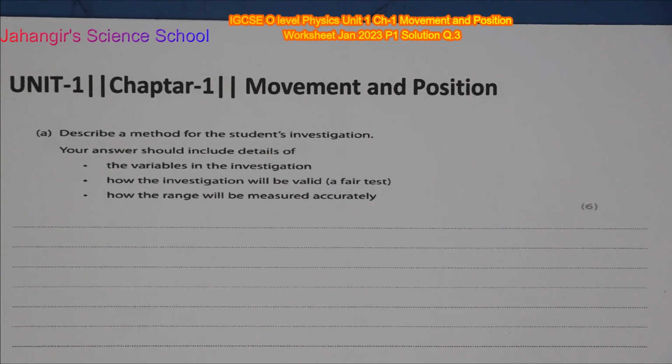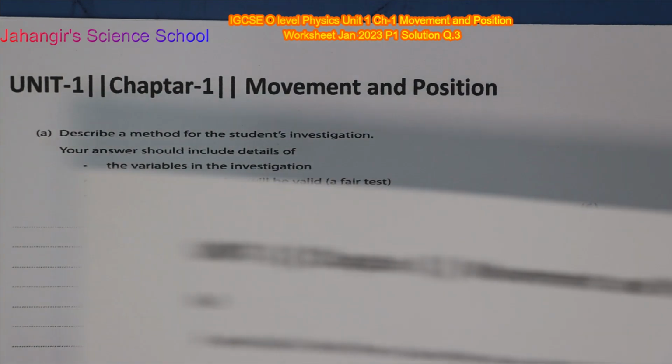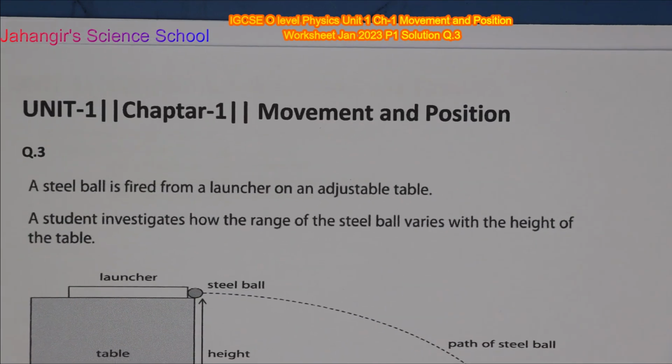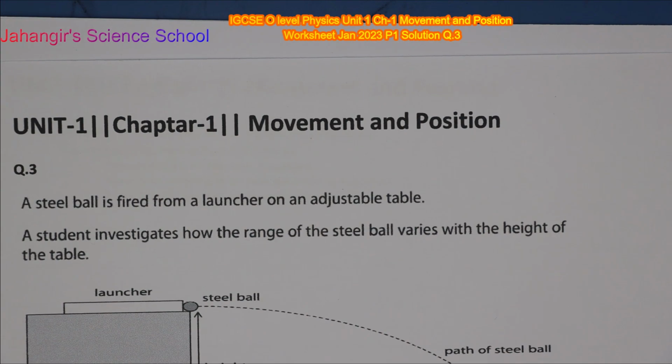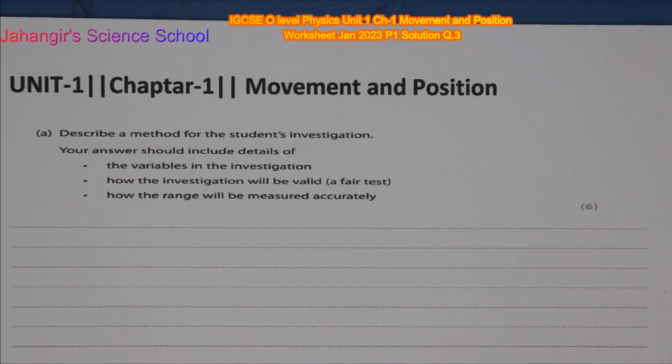So first we have to find out the independent variable. The investigation is how the range of the steel ball varies with the height of the table. So the independent variable is the height of the table.